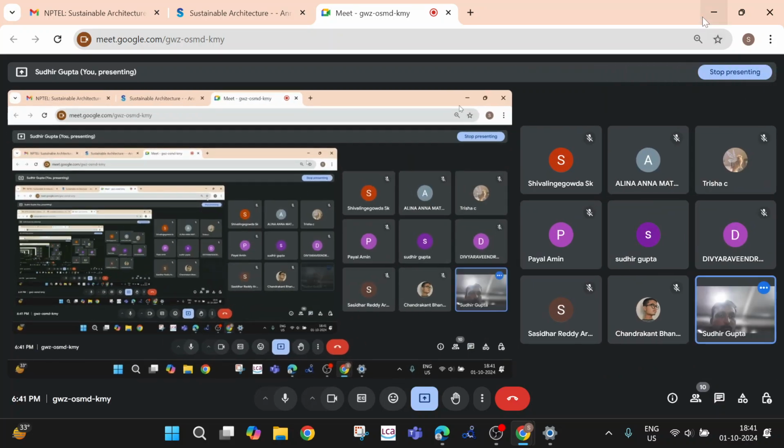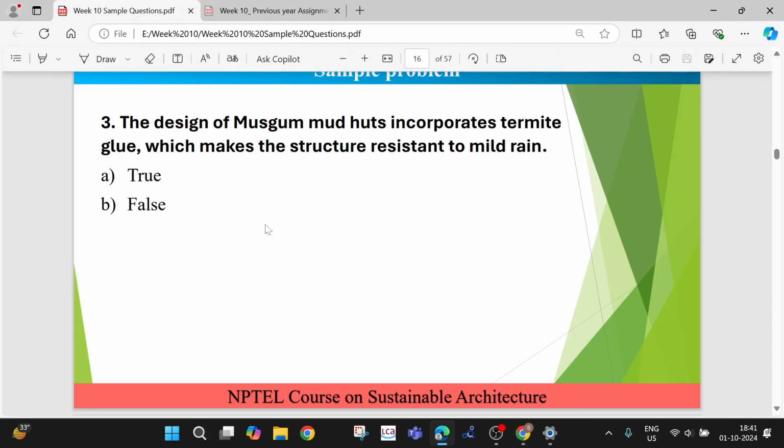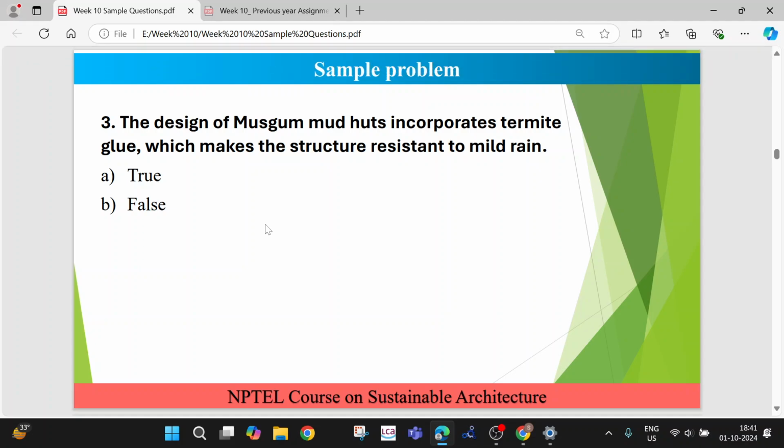So you can see this statement, and this termite glue was mentioned in the lecture videos. So this statement is true, and with the help of this you can make these structures resistant to mild rain as well. So I think the statement is well clear.